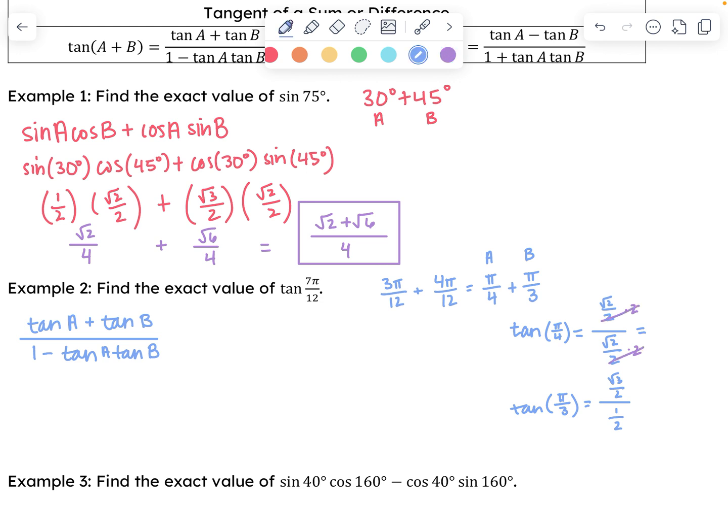So I'm going to get root 2 over root 2, which is just 1. So the tangent of pi over 4 is just 1. Same thing over here. I can multiply top and bottom by 2 to cancel out those denominators. So when I simplify this, the top is root 3, the bottom is 1, which is just the square root of 3.